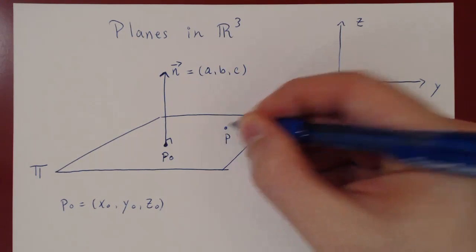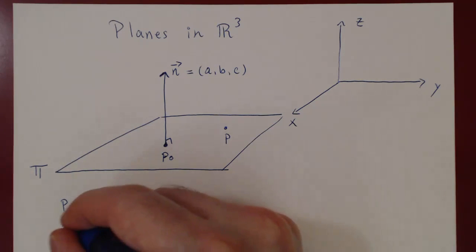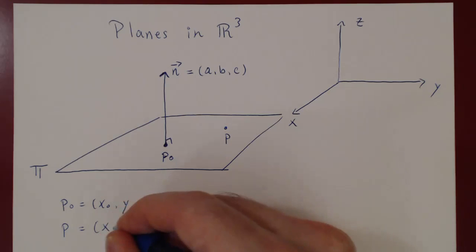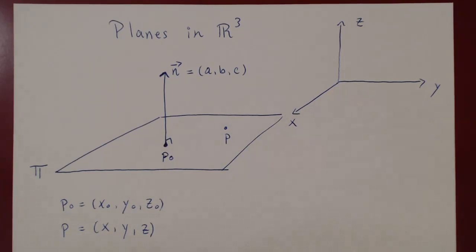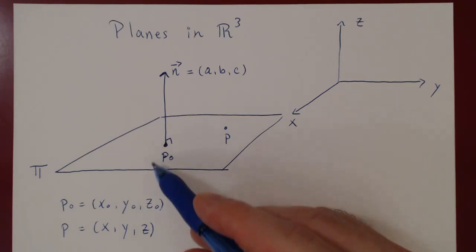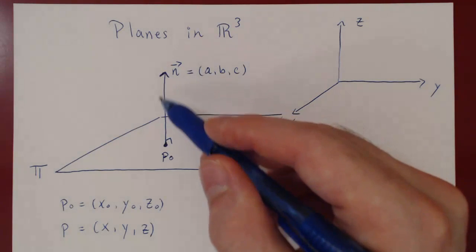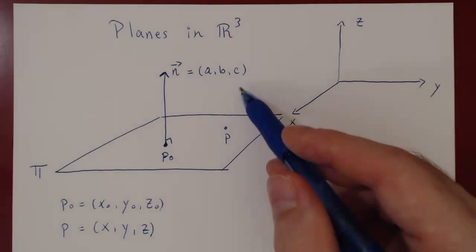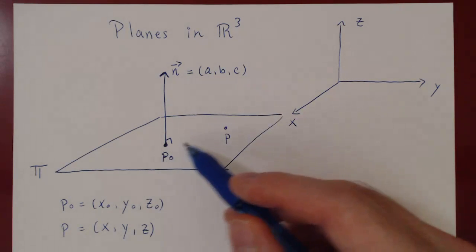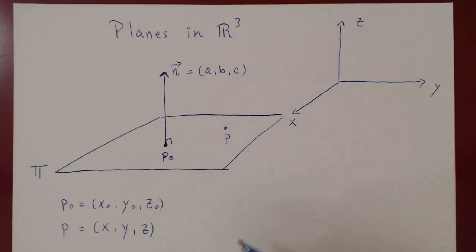Let's call this point P. And suppose that the point P has coordinates x, y, z. So we have this arbitrary point in space. And the question we're going to ask is, can we find a criteria in terms of the anchor point of the plane, P0, and the normal vector? Can we find a criteria in terms of these two quantities that will tell us whether or not the point P is a point on the plane?